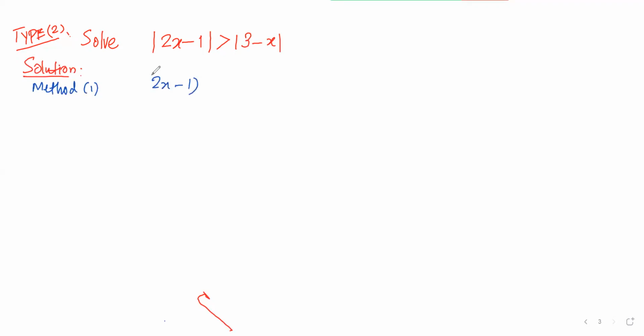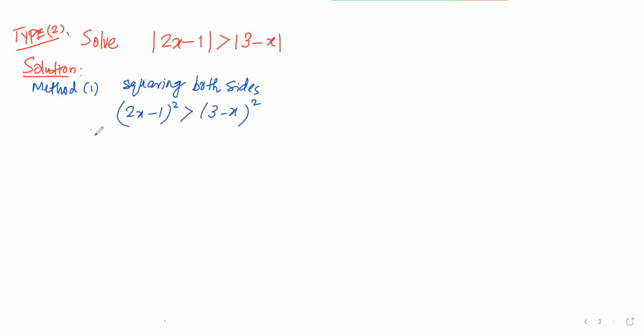Method one is squaring both sides. 2x minus 1 whole square is greater than 3 minus x whole square. 4x squared minus 4x plus 1 is greater than 9 minus 6x plus x squared. So 3x squared plus 2x minus 8 is greater than 0.